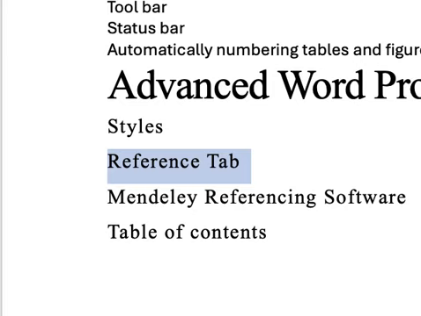You could use the reference tab to insert citations, but Microsoft Word's citation tool does not work well when we want to combine it with Mendeley. So we didn't discuss the insert citation tool because we discussed Mendeley instead.